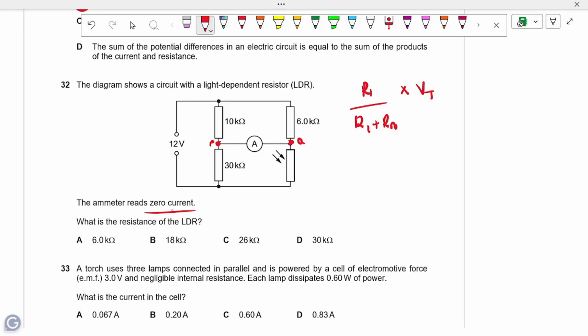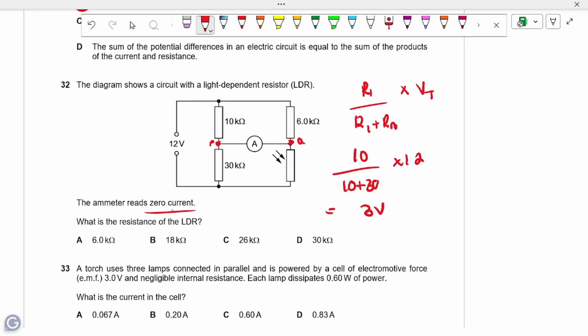It's like sharing things. If you have 3 people, it's 1 over 3 times the thing that you want to share. So 10 on top, all the people, 10 plus 30, times the thing you want to share, 12. So basically the 10 kilo ohms gets 3. So if the 10 kilo ohms takes 3, that implies I'm left with what?